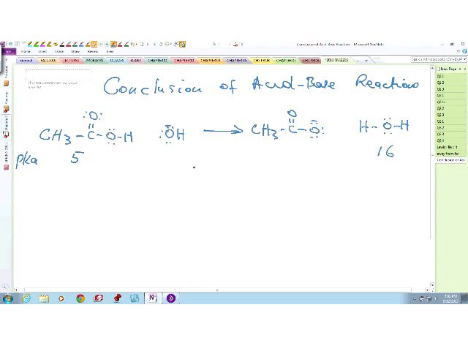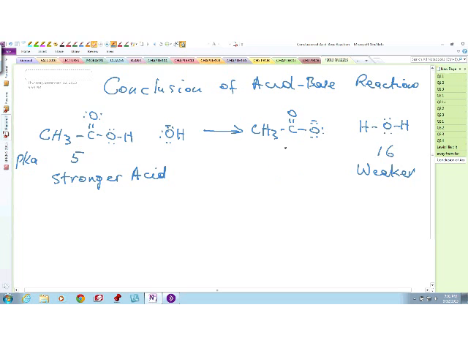For all Bronsted acid-base reactions, the reaction will go from the direction of the stronger acid to the weaker acid.